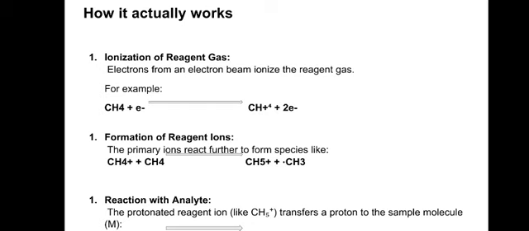The second one is formation of reagent ions. The primary ion, meaning methane gas which we were using in our first step, will react with the cation of methane gas which was formed in the first step. These both will further react and form two ions: protonated methane, CH5 plus, and CH3 plus, a methyl ion.